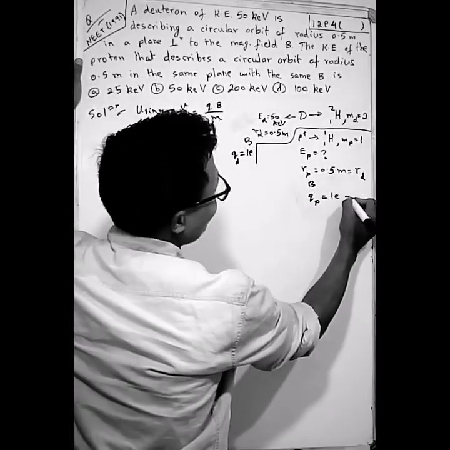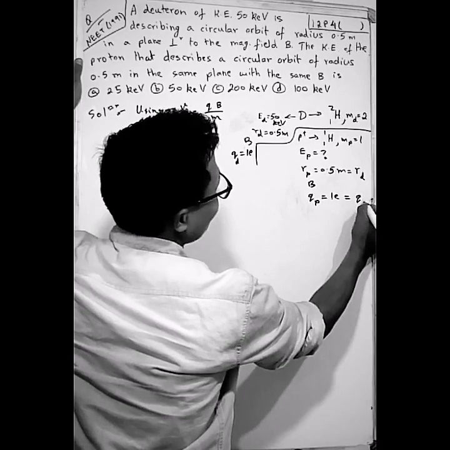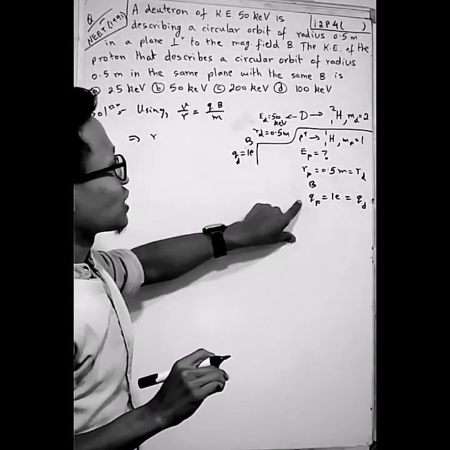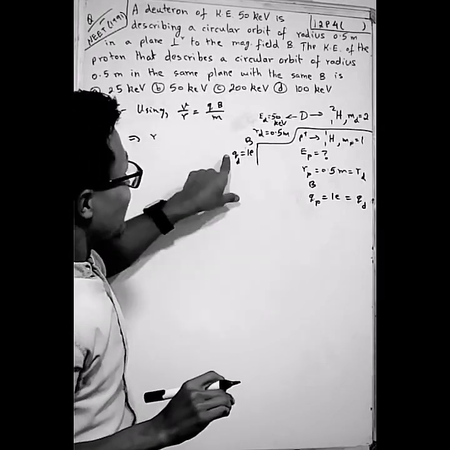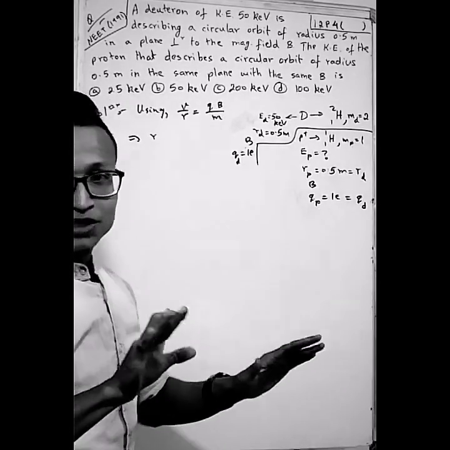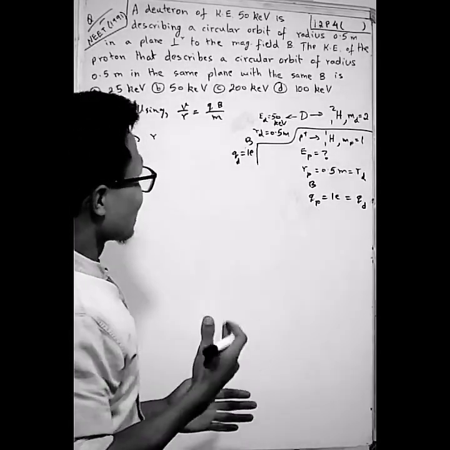We have 1 electron for deuteron and 1 for proton, which is equal to QD, right? So all those parameters which are equal, we just put Q. For example, we have Q equal charge, we just put Q instead of QD and QP.